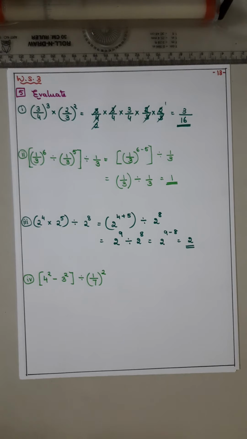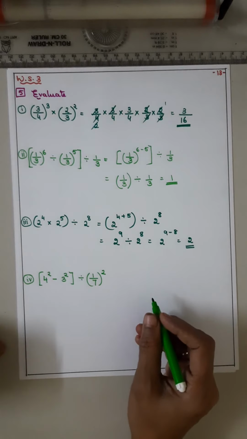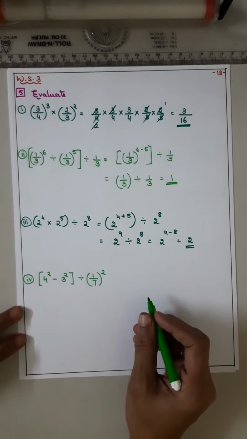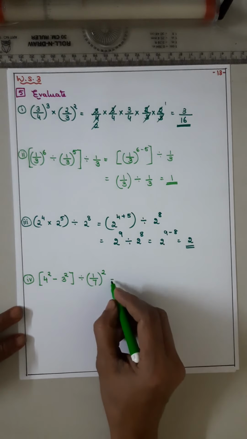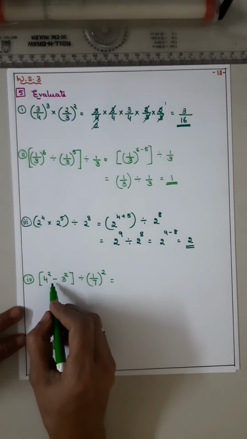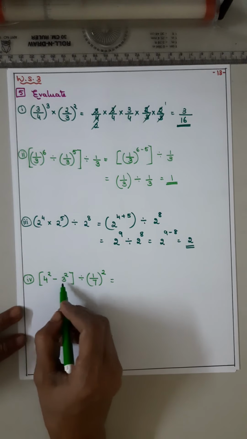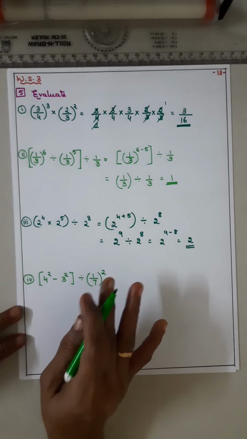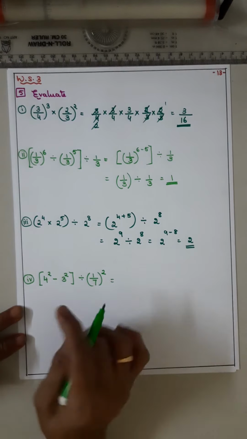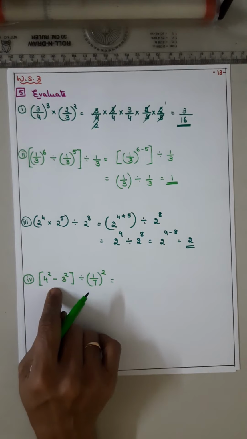Now coming to the fourth subdivision. Now here 4 squared minus 3 squared divided by 1 by 7 the whole square. Now in between it is a minus sign and the bases are also not same. So we have to just find out the value. In between there is addition or subtraction, so no rule is there.